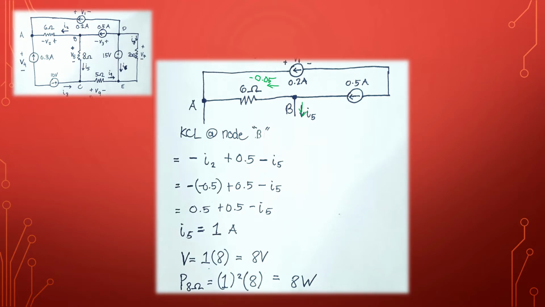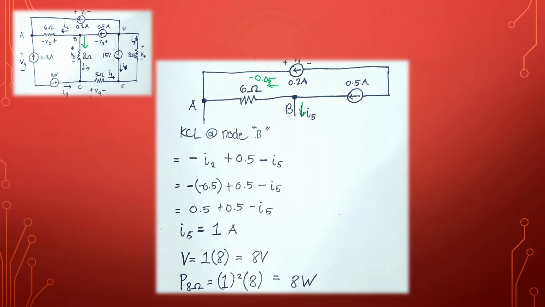Now, using Ohm's law, V equals I times R, we can evaluate that the voltage here is 8 volts. With that, we now know the voltage going in this direction across our 8 ohm resistor.